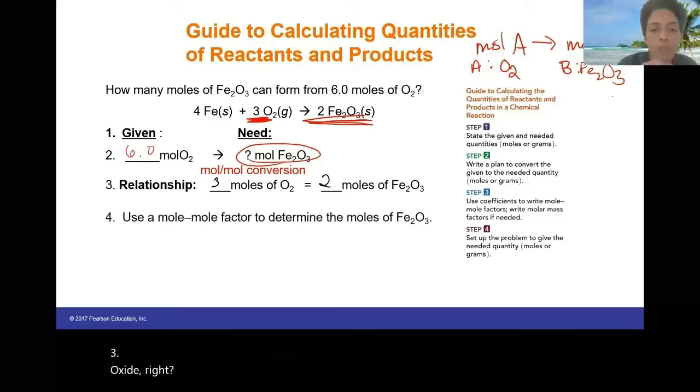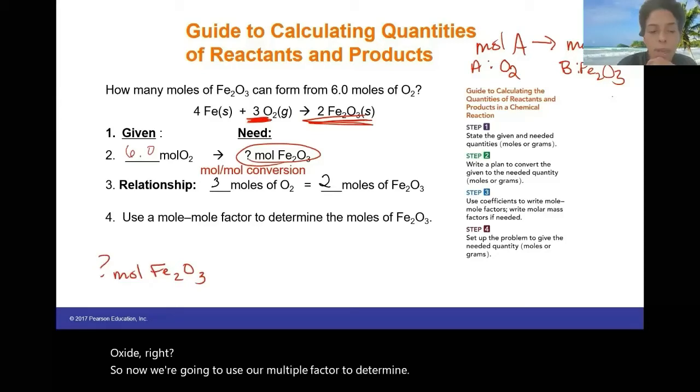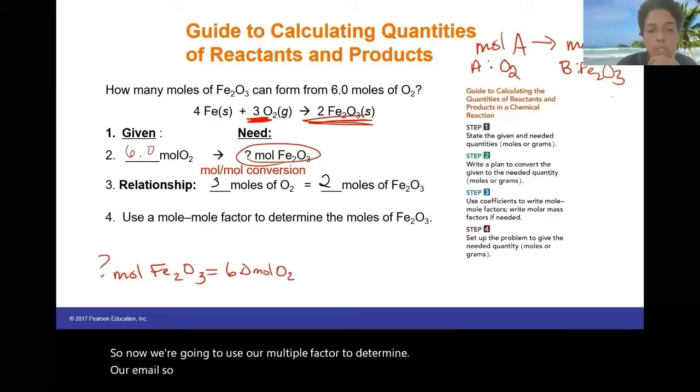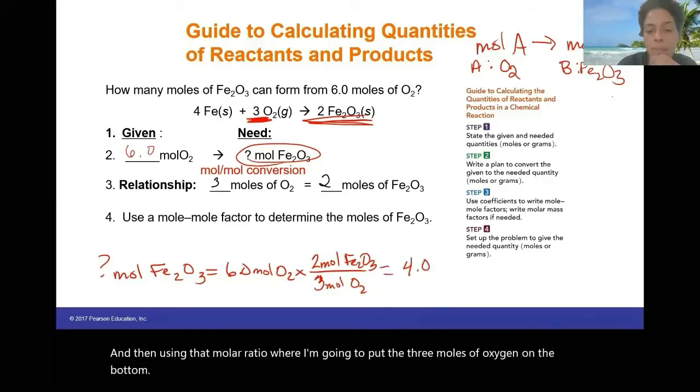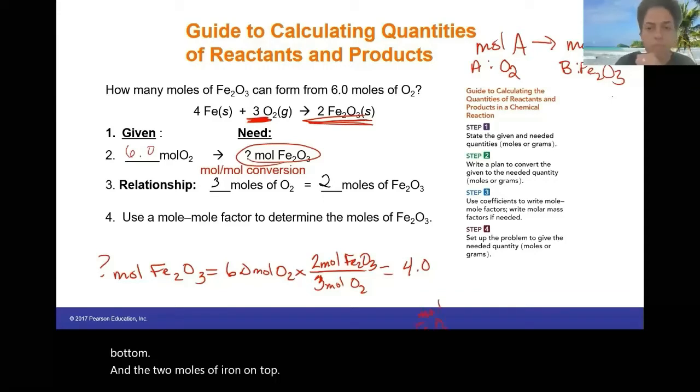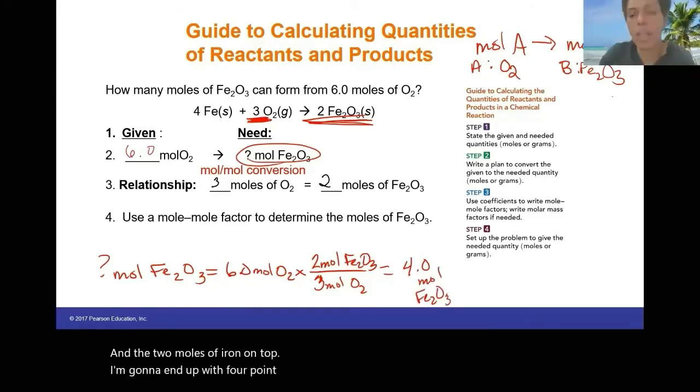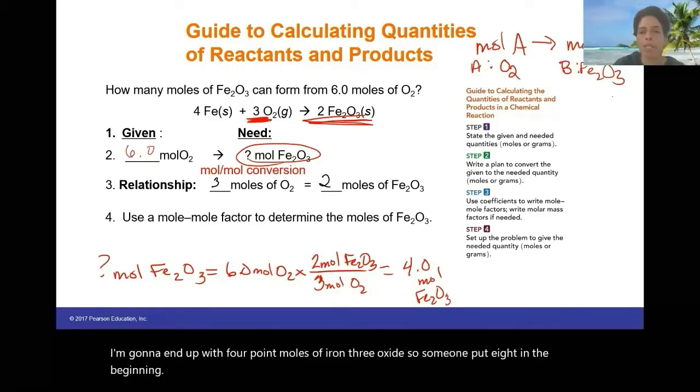So now we're going to use our mole to mole factor to determine our amount. We are going to always start with what we're given, and then using that molar ratio, where I'm going to put the 3 moles of oxygen on the bottom and the 2 moles of iron on top, I'm going to end up with 4.0 moles of iron 3 oxide. So someone put 8 at the beginning, but it's actually half of that.